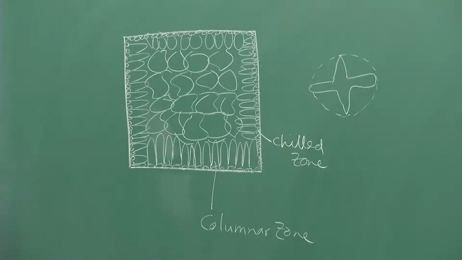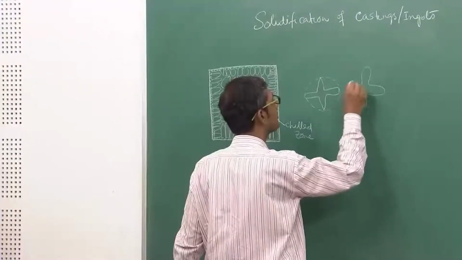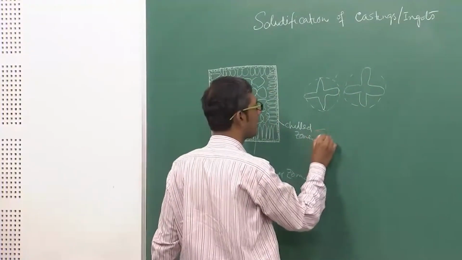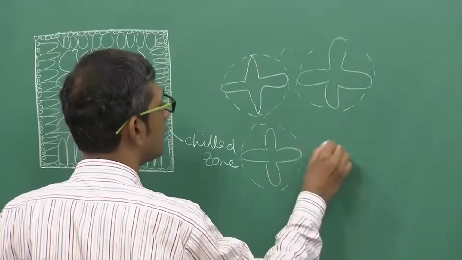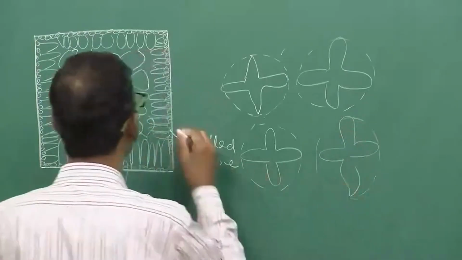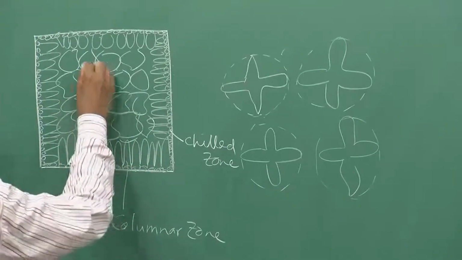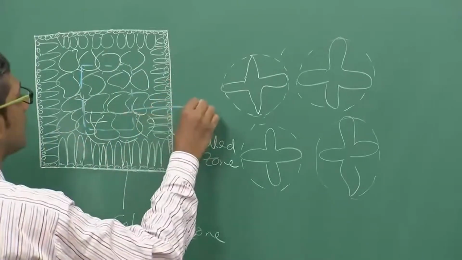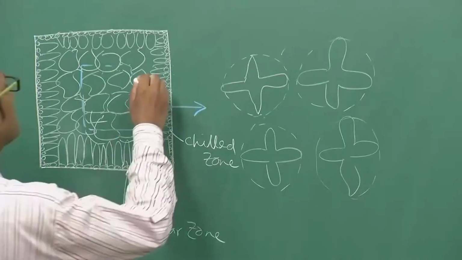So they will all be present in the central part of this ingot. That is another one. Okay, you can similarly draw another one. Another one. So the central part, if I draw it in color, is what is shown here. Therefore, this zone is known as the equiaxed zone.